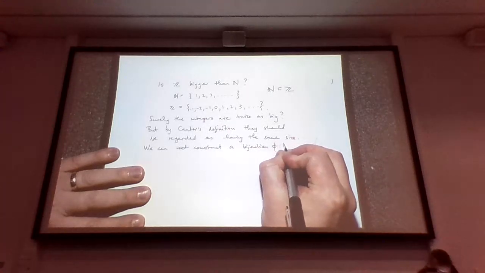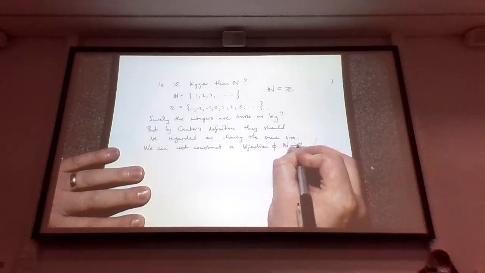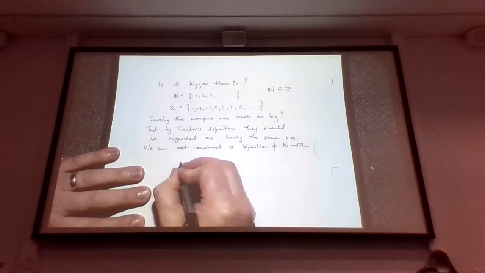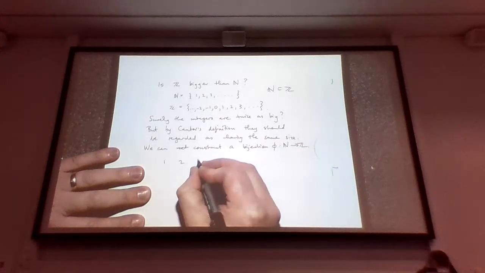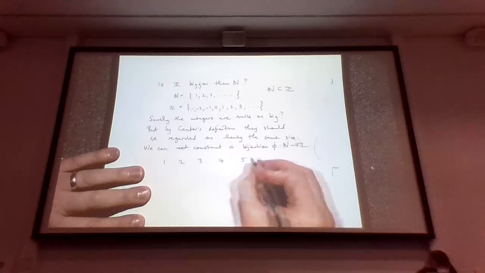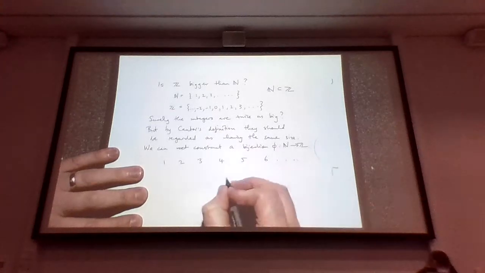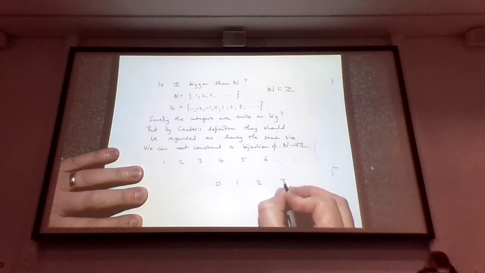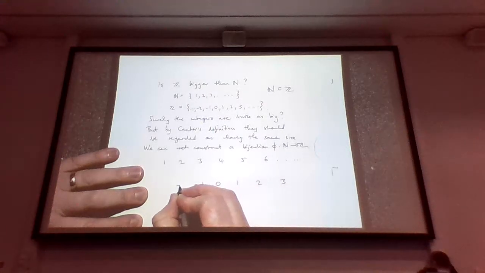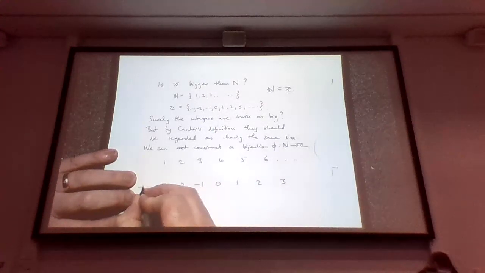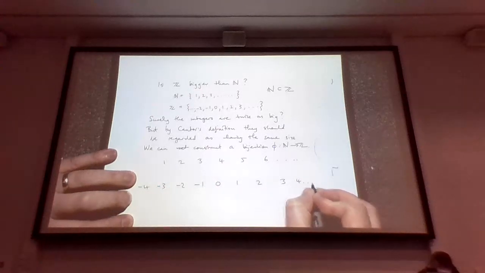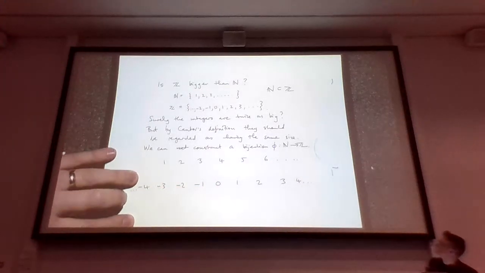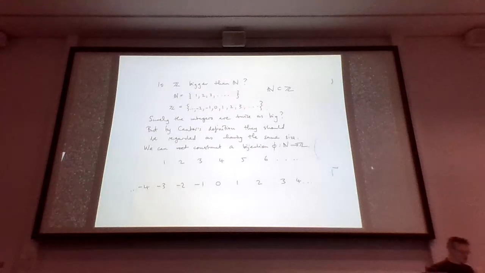A bijection between the natural numbers and Z. Okay, so here are the natural numbers 1, 2, 3, 4, 5, 6, and so on. Here are the integers 0, 1, 2, 3, -1, -2, -3, -4, 4. But you have to construct it carefully.